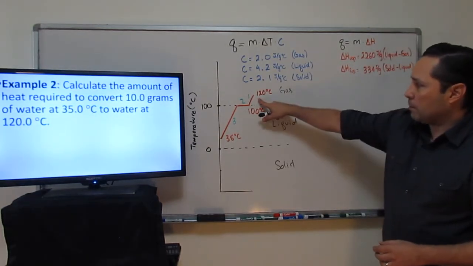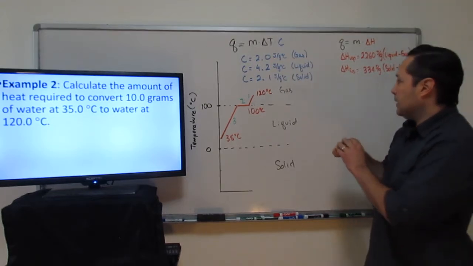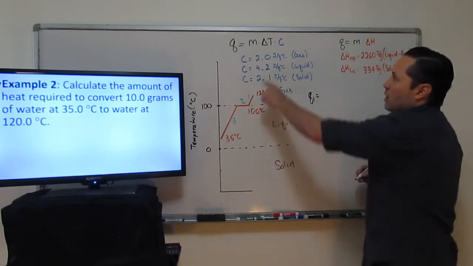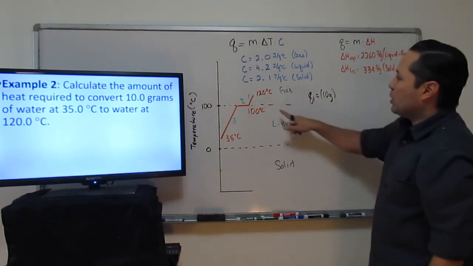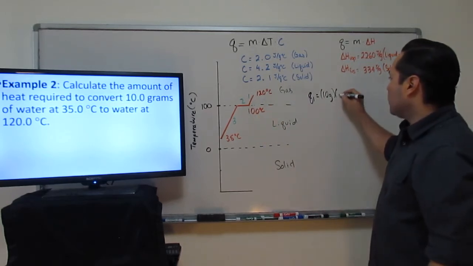Line number 1 is going up, so we use this formula. I'm going to label it Q1 equals, and the mass is 10 grams. The change in temperature from 100 to 120 is a 20 degree change.